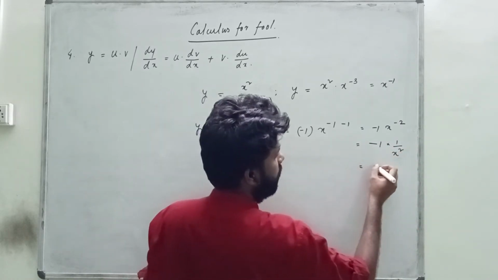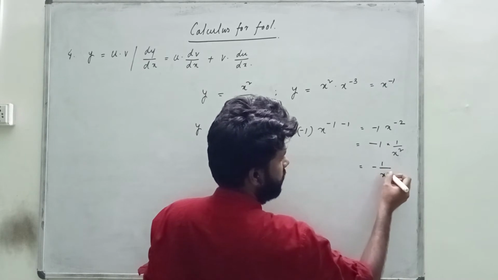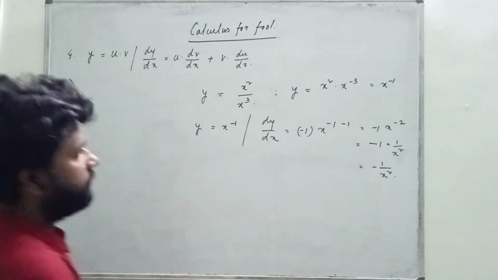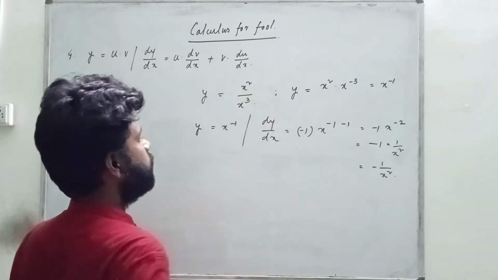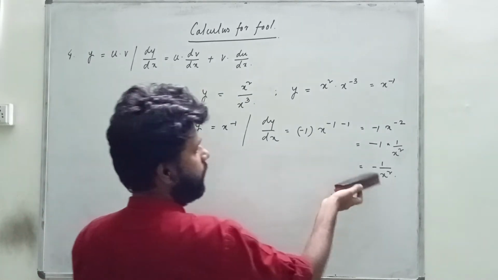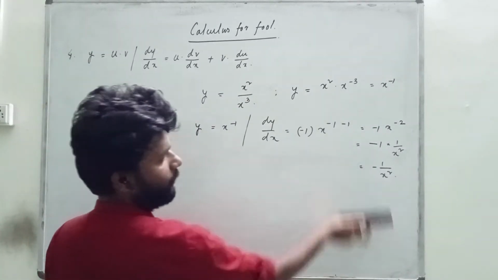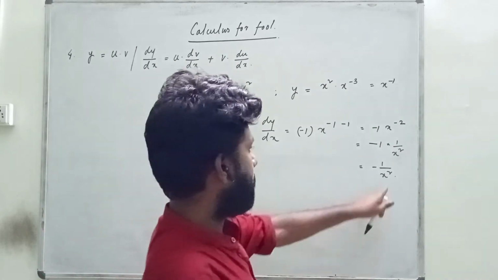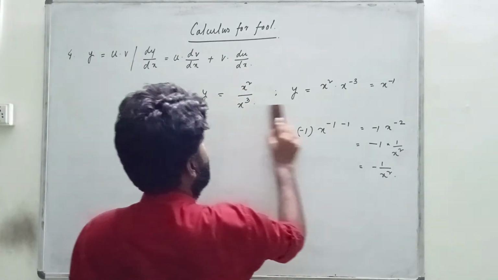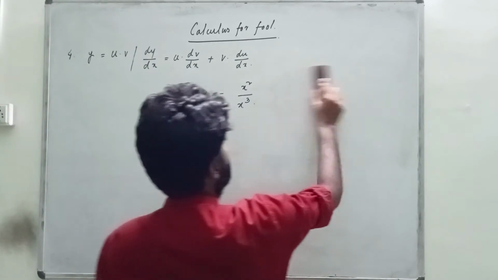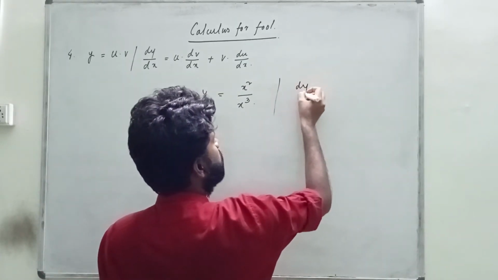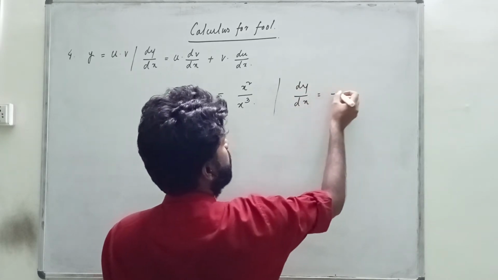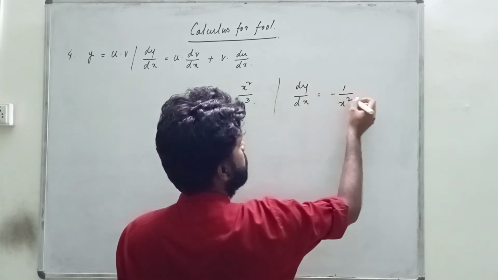That means very simple. Minus 1 by x square. Right? Okay. So if y equals x square by x cube, then the dy dx goes to minus 1 over x square here. Right? Okay. So the result was dy dx goes to minus 1 over x square.